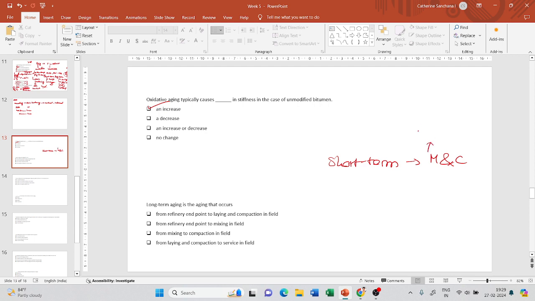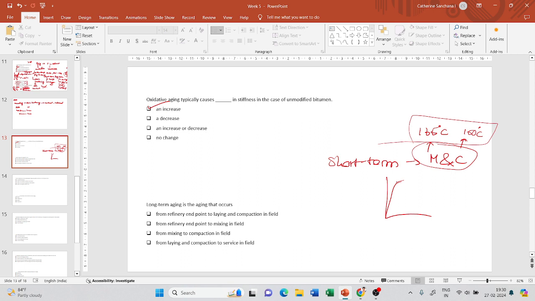When mixing, you generally mix it at 165 degrees Celsius and compact it at a temperature a little lower than that, like 150 degrees Celsius, right? And when you subject the material to such elevated temperatures, it undergoes aging. And the change in the chemical composition of bitumen when it is heated during mixing and compaction is drastic, because the temperature it has been subjected to is humongous, right, compared to the service temperature.